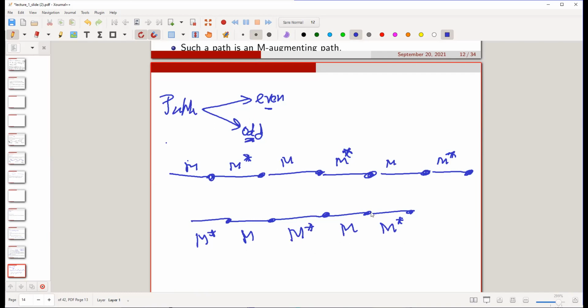This must happen because the total number of edges in M star is bigger than the total number of edges in M. And if we consider this particular path, this path is basically an M augmenting path.